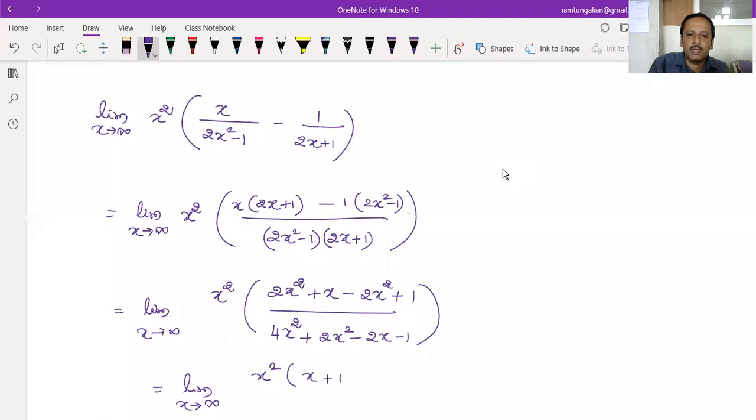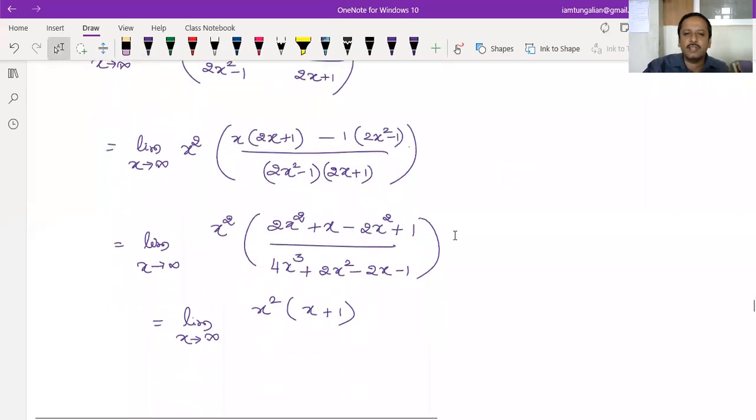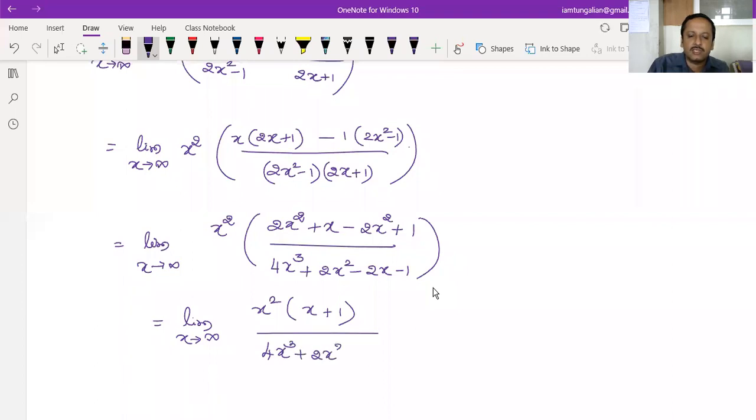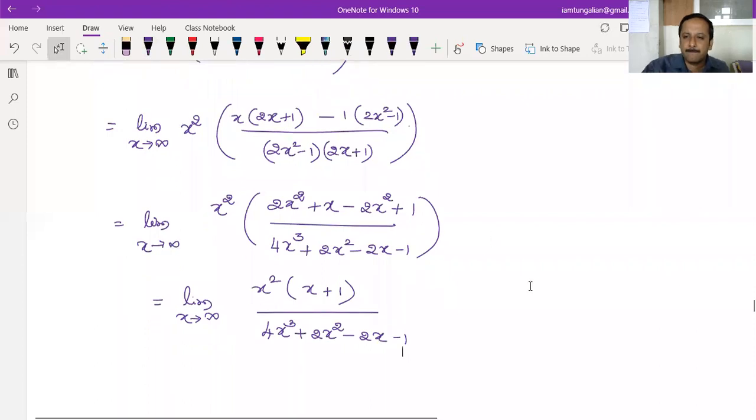Sorry, here 4x cube. 2x square into 2x, I made that mistake. So 2x square into 2x will give you 4x cube, then 2x square minus 2x minus 1. So x square into x plus 1 in the numerator, and the denominator contains 4x cube plus 2x square minus 2x minus 1.